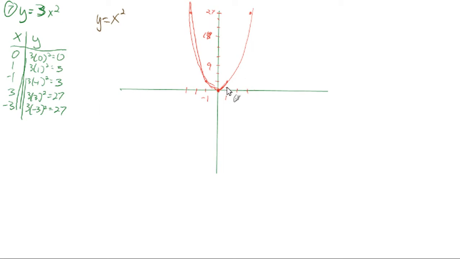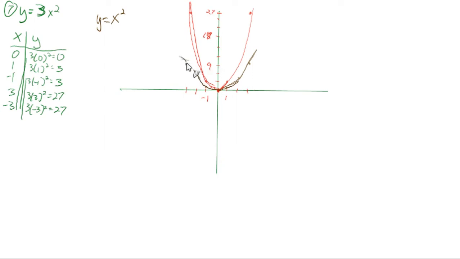That's way down here. 2, 4. That'd be right here. 3, that would only go to 9. And then it would be reflected here. 2, 4, 1, 1.